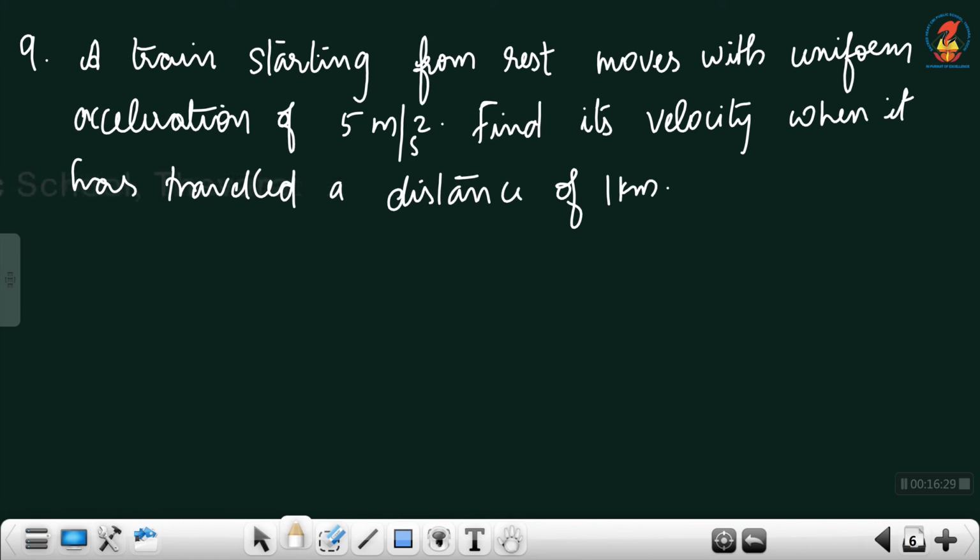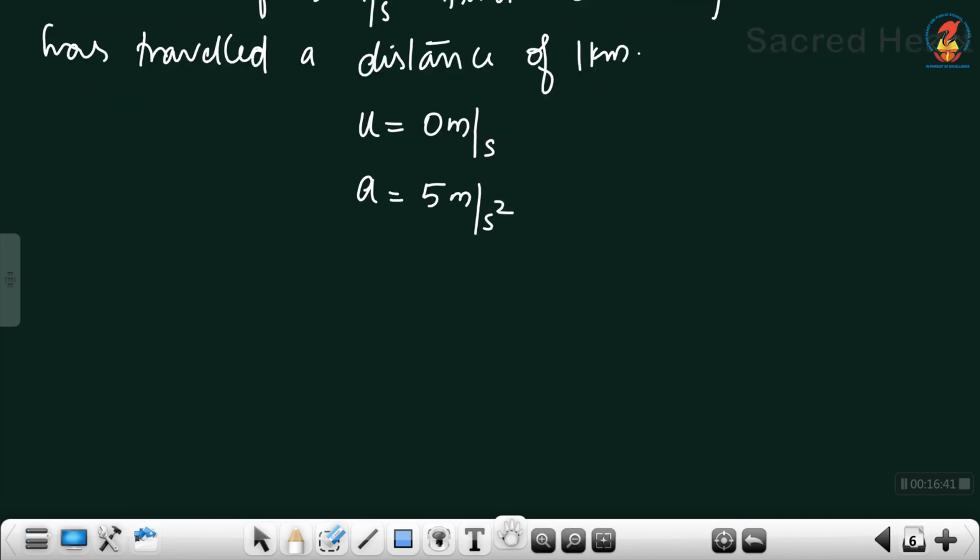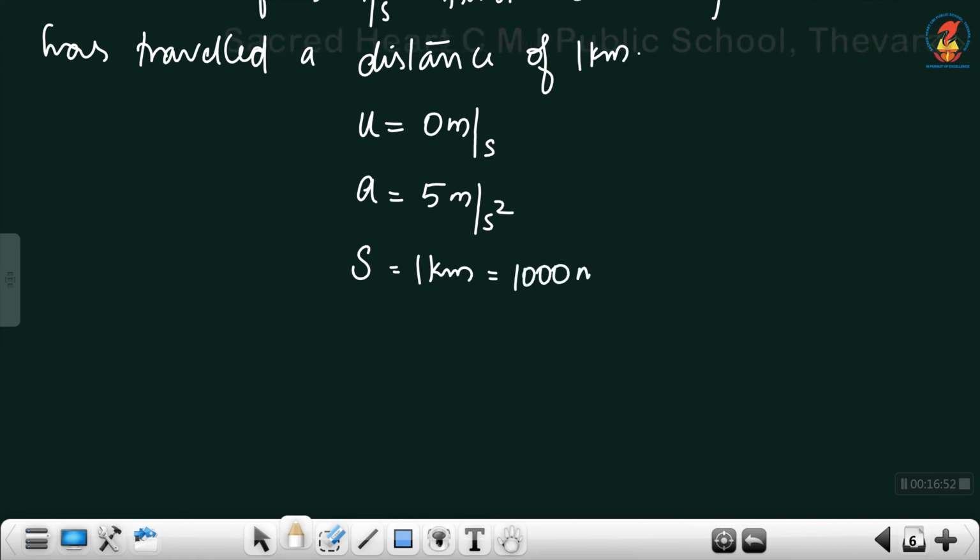So, what all things are given? Initial velocity u equal to 0 meter per second, a equal to 5 meter per second square, then distance s equal to 1 kilometer, convert it into SI unit, that is 1000 meter. Now, which equation can we use to find the final velocity?